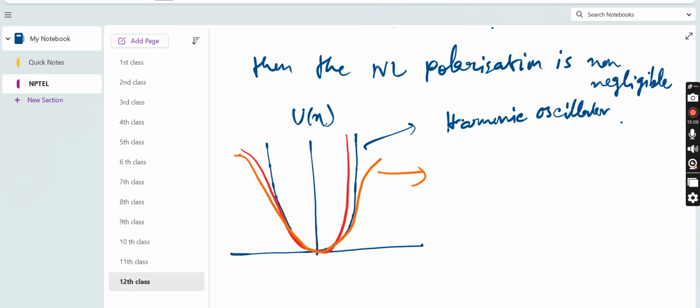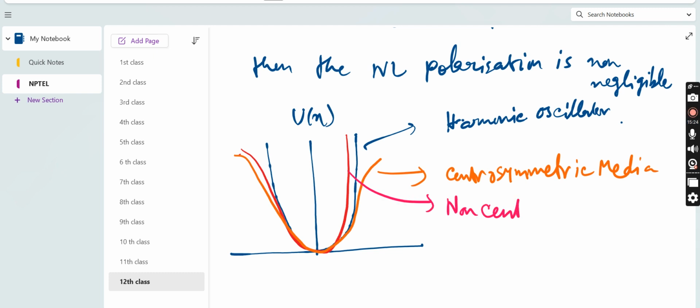So this corresponds to centrosymmetric media, and this corresponds to non-centrosymmetric media.